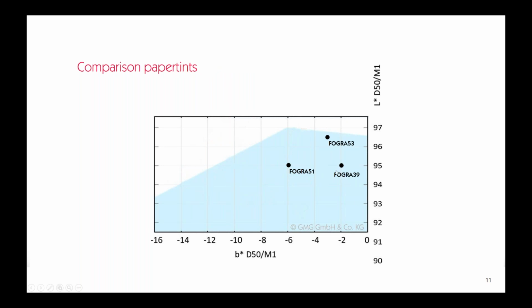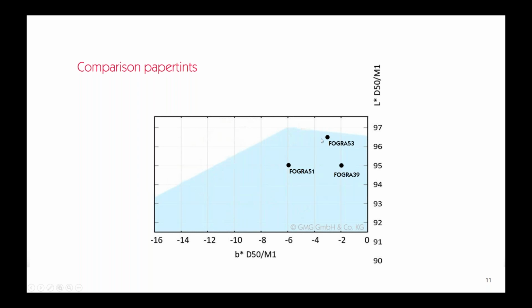So we see FOGRA39, which has been replaced by FOGRA51, and FOGRA51 respects the typical printing paper in this printing condition, meaning you have a lot of OBAs. Therefore, you have the B value of -6.